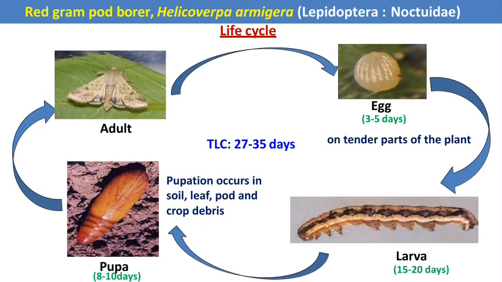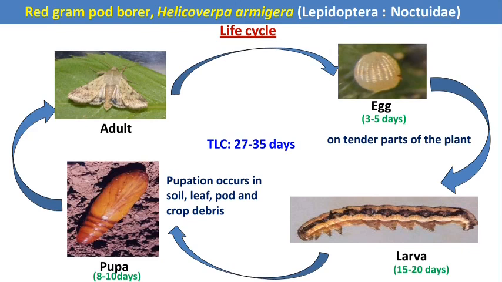also called pea pod borer. This is a Lepidopteran pest having four different life stages: egg, larva, pupa, and adult. After male and female mating, the female moth lays eggs on the tender plant parts. After the incubation period, the larval stage emerges from the eggs, and that larva is called a caterpillar.